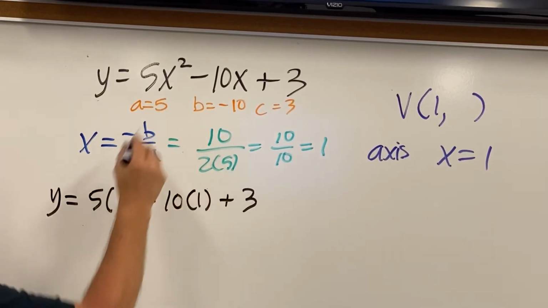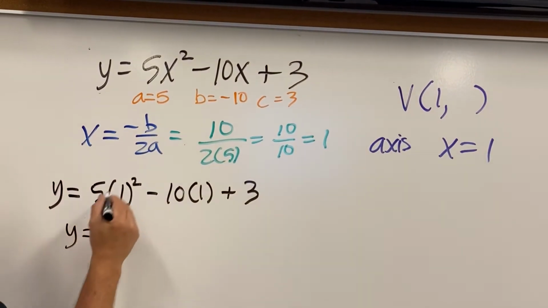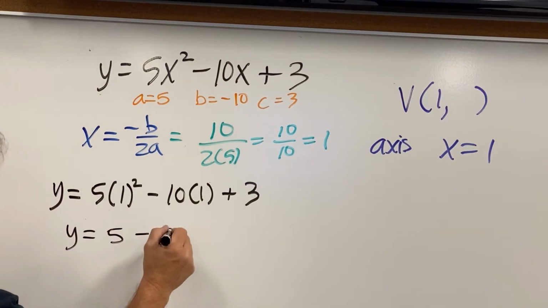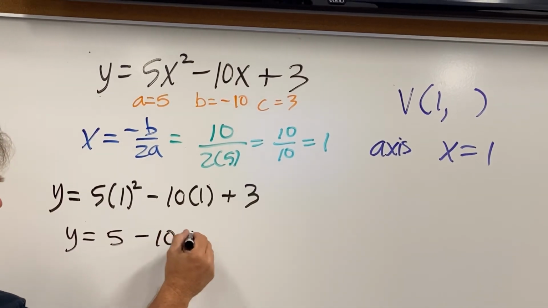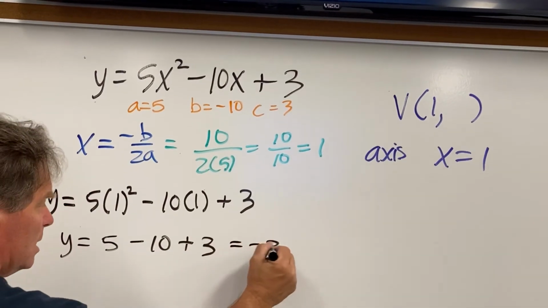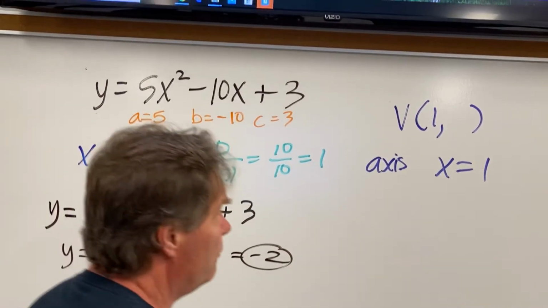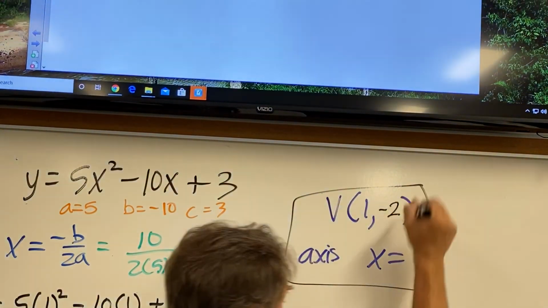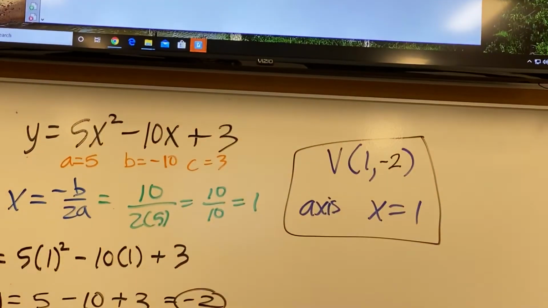I'm putting 1 in for x. Y equals 1 squared is 1 times 5 is 5 minus 10 plus 3. That's going to be negative 5 plus 3 is negative 2. So the vertex is going to be 1, negative 2. And the axis of symmetry we already knew was x equals 1.